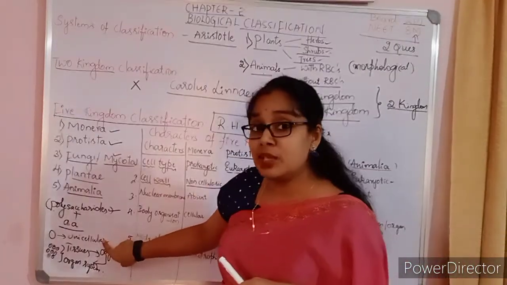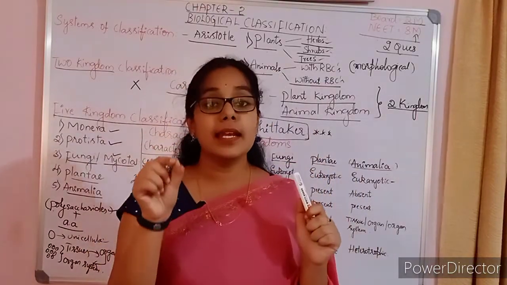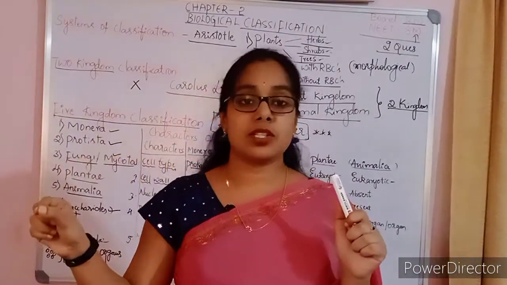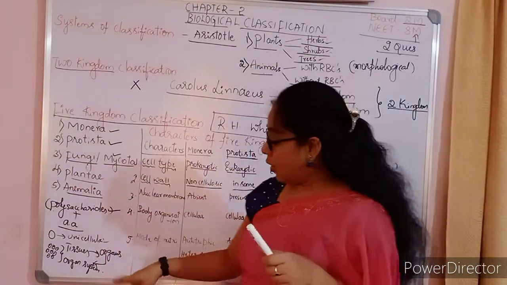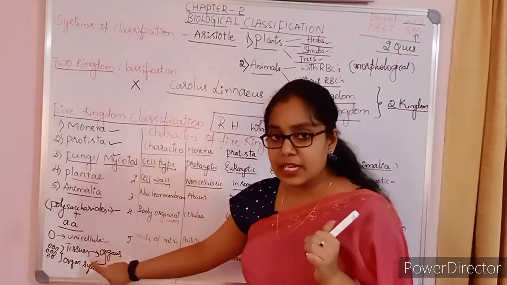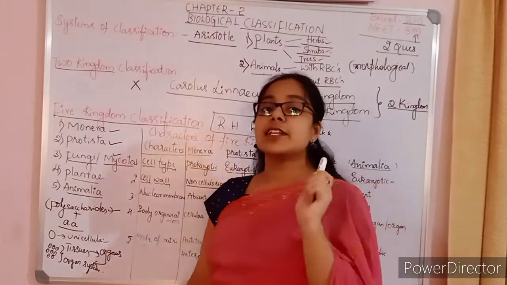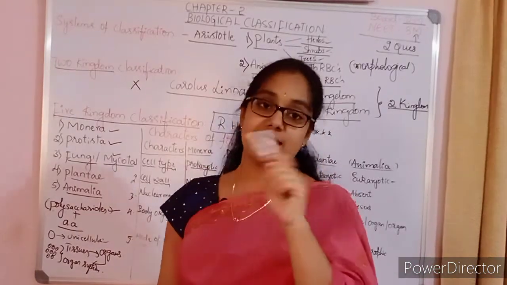If it is unicellular, the level of organization is cellular, as only cells are present. If more cells aggregate to form tissues, it is the tissue level of organization.